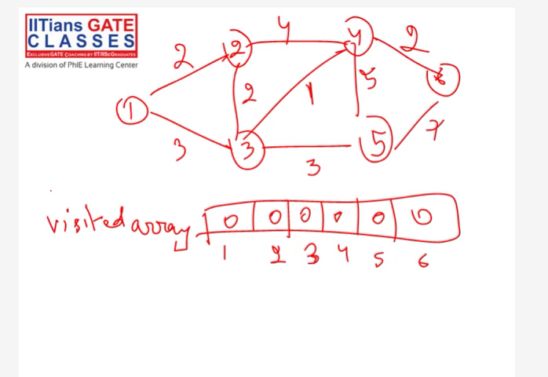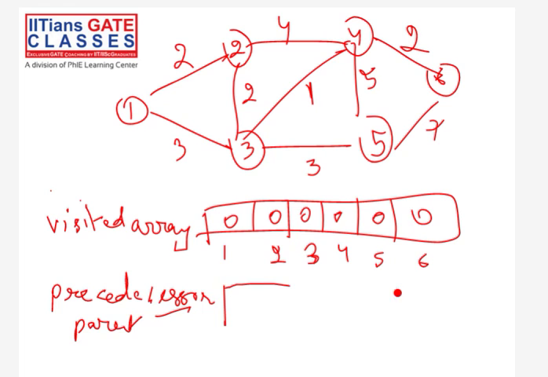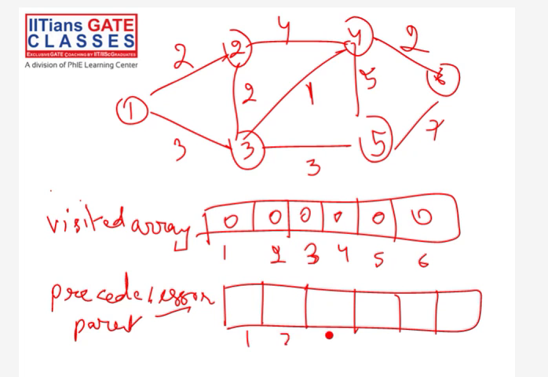Alright, and the second array is called predecessor, or you can say parent also. So again it will have 1, 2, 3, 4, 5, 6. Initially all are null. Okay, all of them are null.